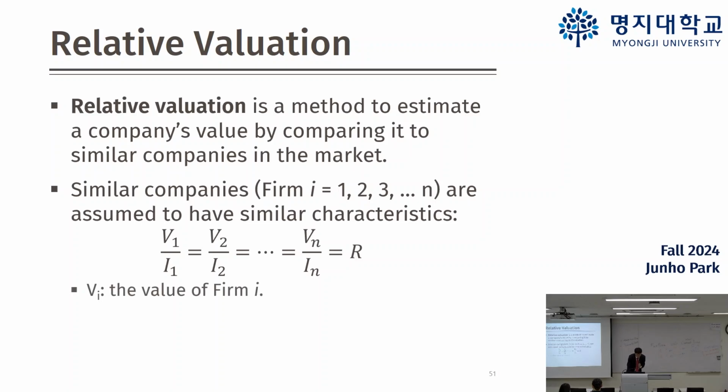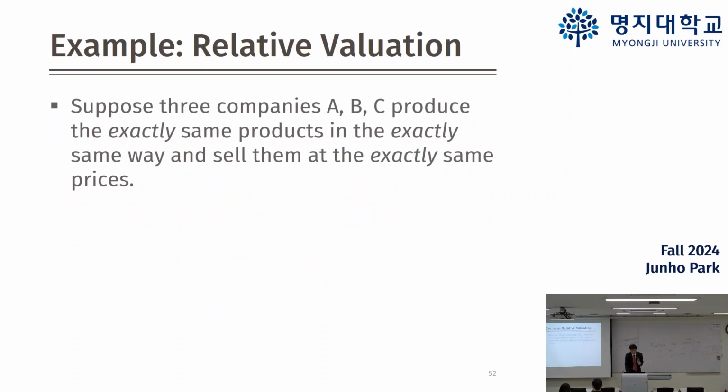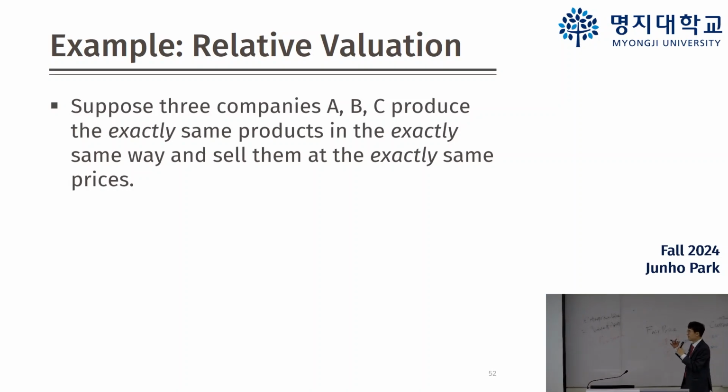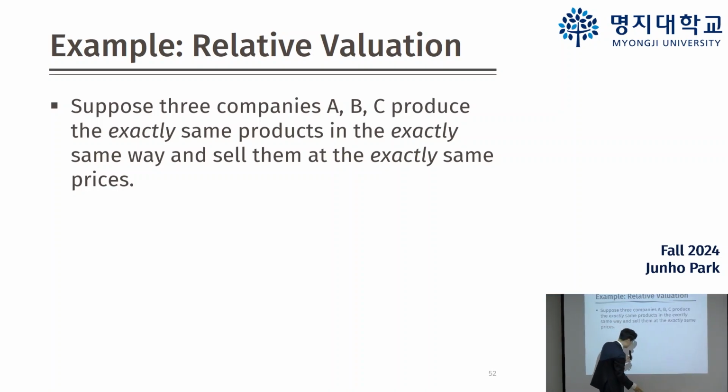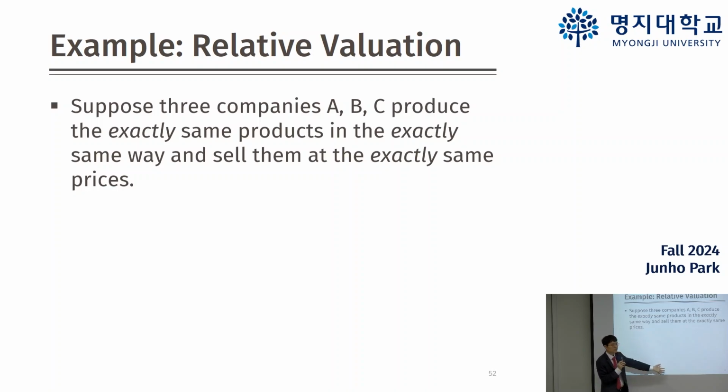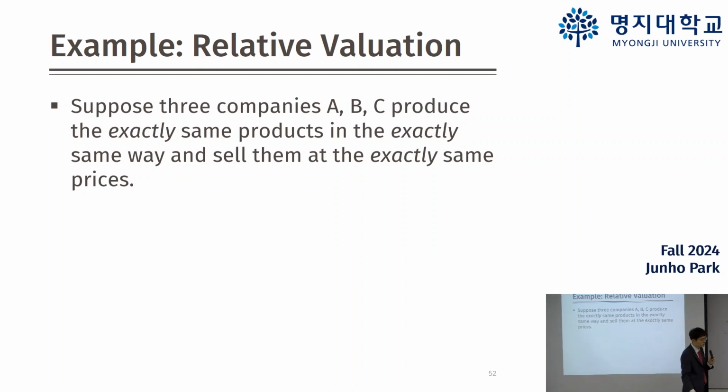Let me give you this example. Let's say there are 3 different companies, A, B, and C. Interestingly, they produce exactly the same products in exactly the same way, and they sell those products at exactly the same prices to the consumers.